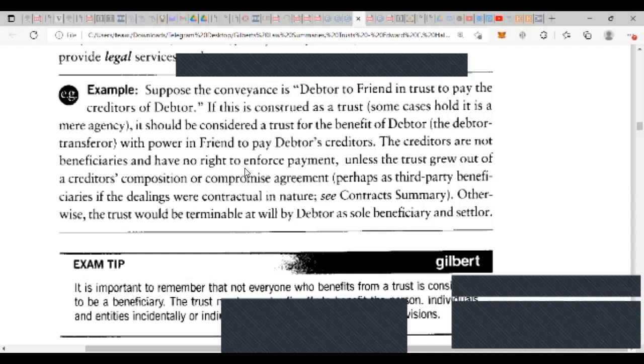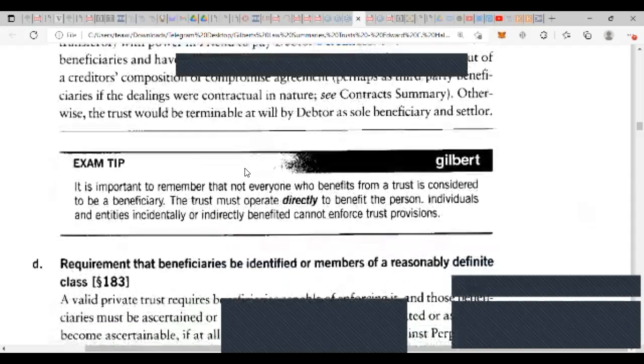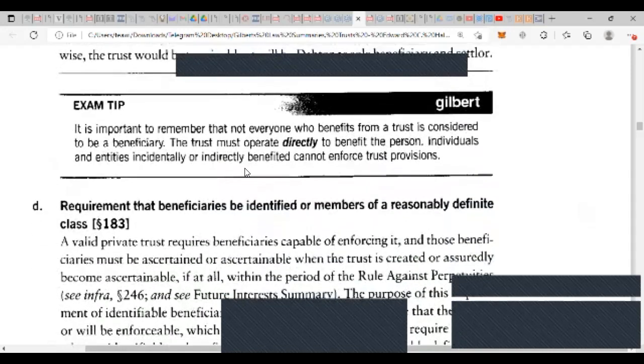The creditors are not beneficiaries and have no right to enforce payment unless the trust grew out of the creditors' composition or compromise agreement. Perhaps a third-party beneficiary if the dealings were contractual in nature. See contract summary. Otherwise, the trust would be terminable at will by debtor as sole beneficiary and settlor.